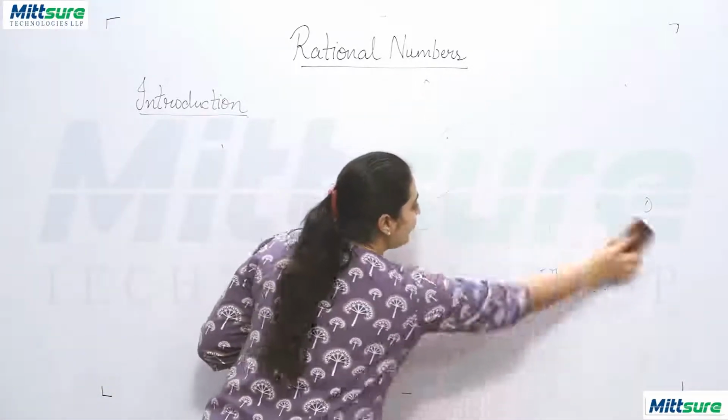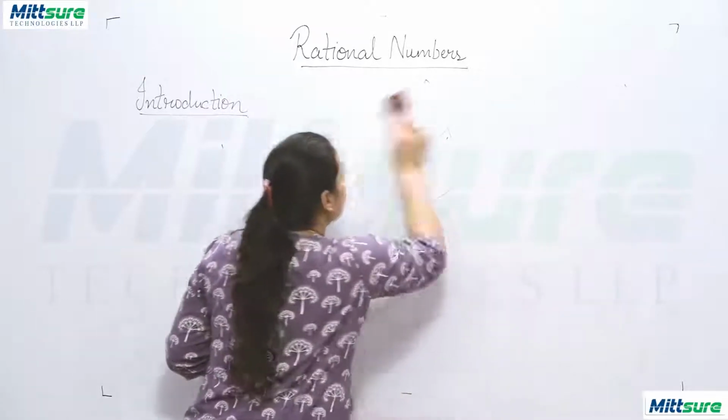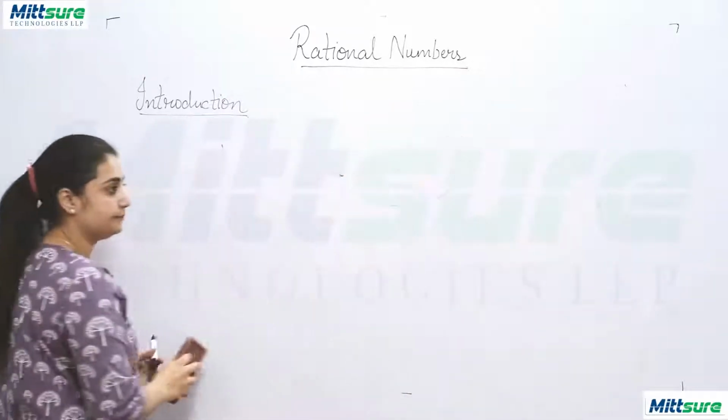So how do we define now a rational number?